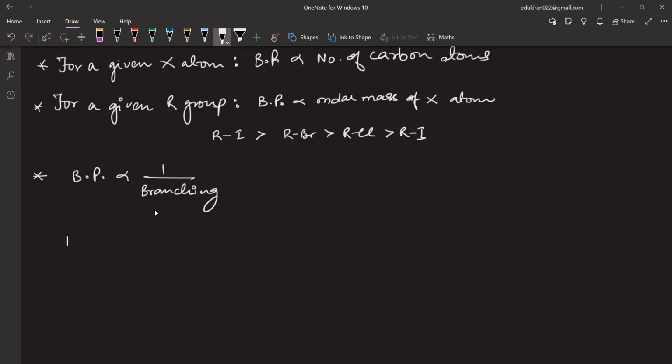So you can write the boiling point for 1, 2, 3, 4 butyl bromide: this will have the highest, this the lowest, and then this one.